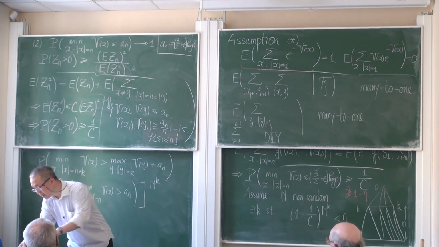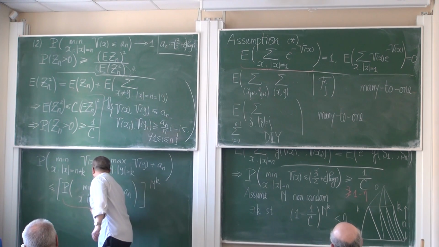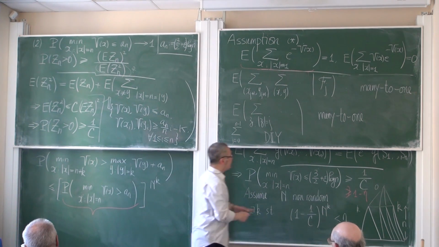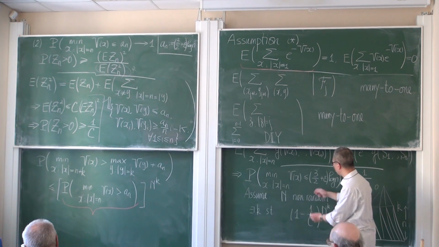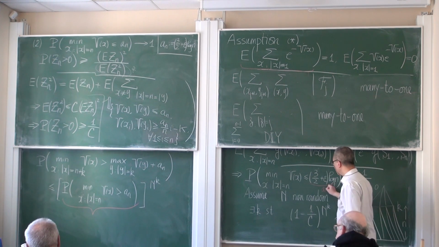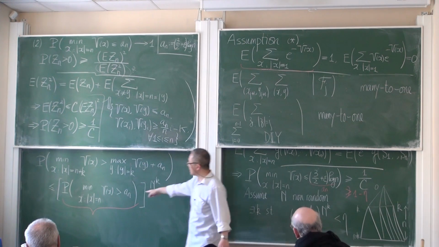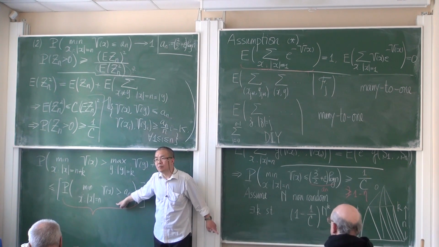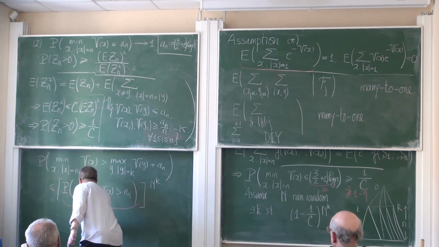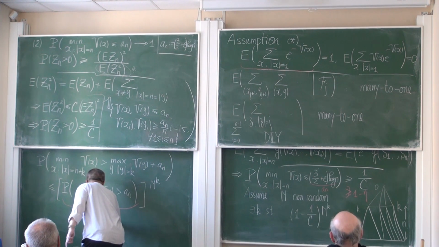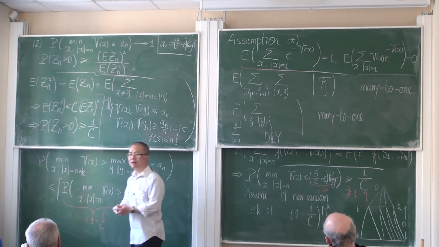Yes? And for each of them, according to what we have already proved, this is what we call the a_n, right? So the probability of this event is greater than 1 over c. And the event I wrote here is 1 minus the probability. So this is smaller than or equal to 1 minus 1 over c. Yes?